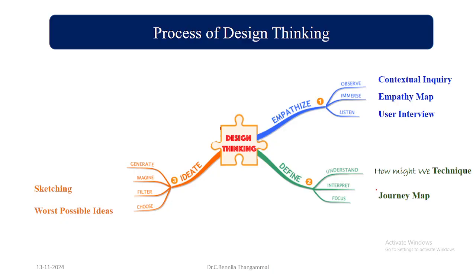Phase 4 is prototype. Here we build a tangible representation of the solution that we have obtained using the ideate phase. And to get our prototype, we are going to get the feedback from the customer, then refine it. Likewise we'll be able to build the prototype. It follows an important principle of design thinking: make it tangible.